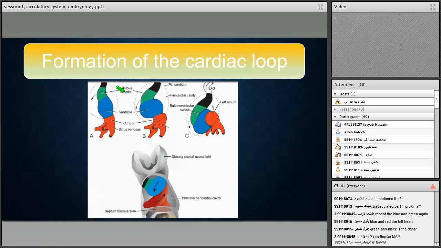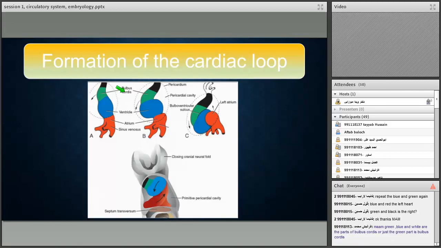Then, the mid portion of the bulbus cordis is called the conus cordis. The mid portion, or the black one. Blue, no. White, black, and green are parts of bulbus cordis.